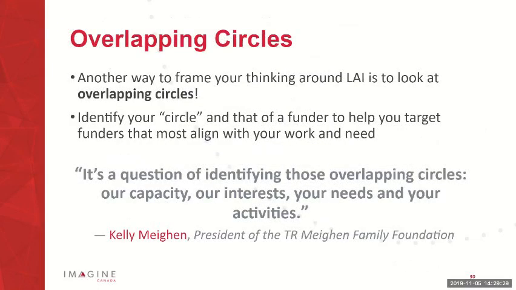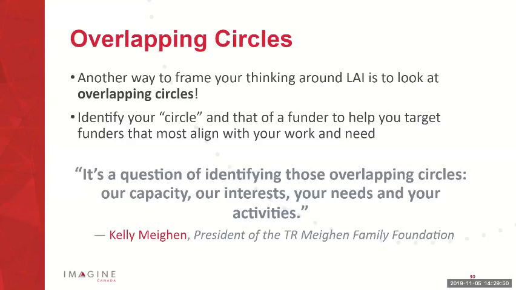So now we'll dive into overlapping circles, and this brings everything together and summarizes everything that we've seen so far. Another way to frame your thinking around LAI, and this harkens back to mapping your needs and really knowing not only what you need, but what funders are looking for in a funding partner, is to look at overlapping circles.